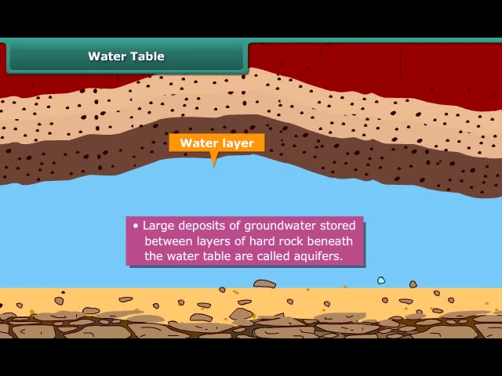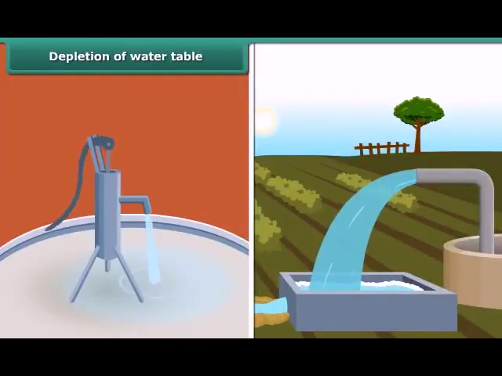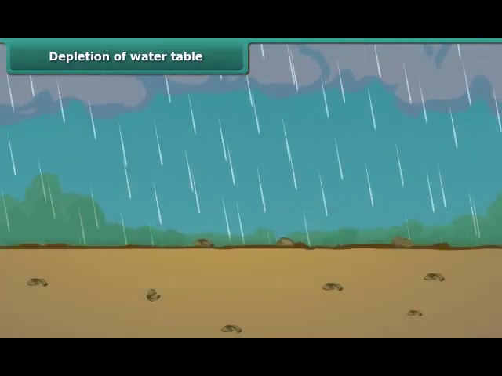Water in aquifers is usually pumped out by digging wells at locations where the water table is close to the surface of the ground. Water drawn from the groundwater gets replenished by seepage of rainwater.